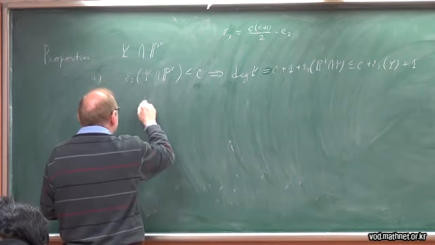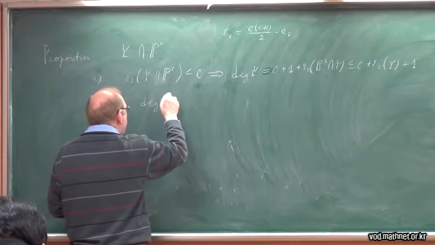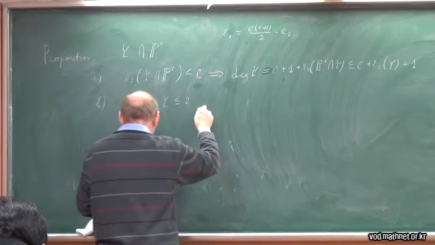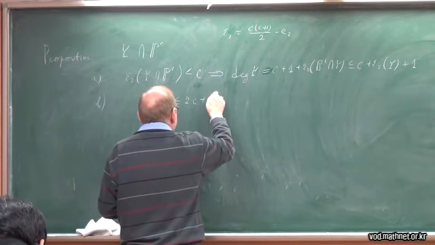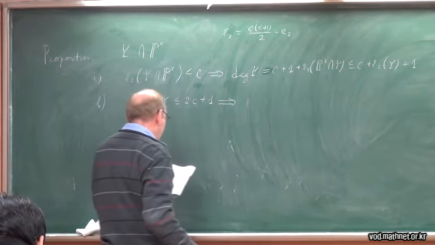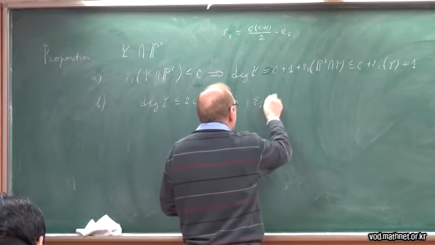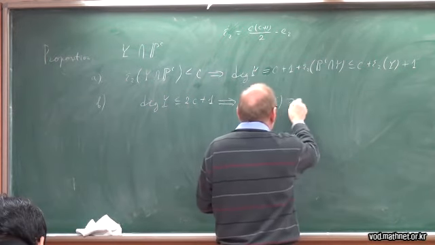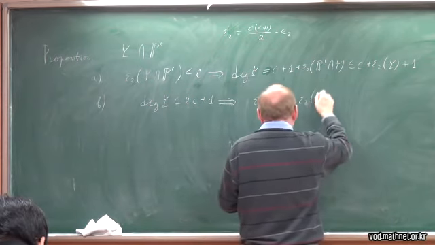Suppose that you know that the degree doesn't exceed 2 times the codimension plus 1. Then we can say something about the number of quadratic equations, not too much, but still rather much.